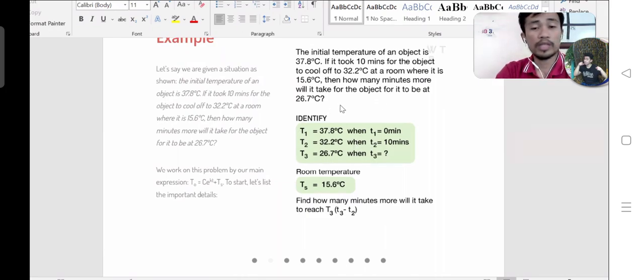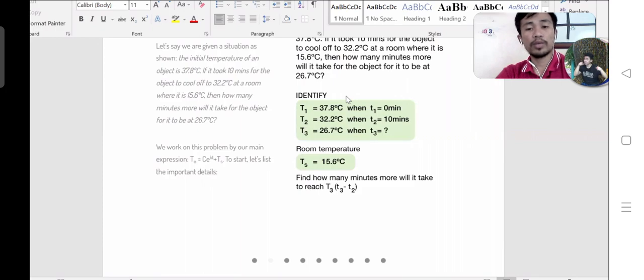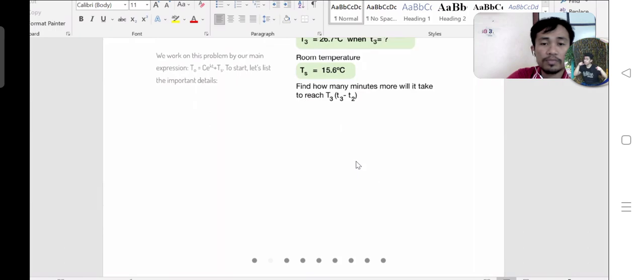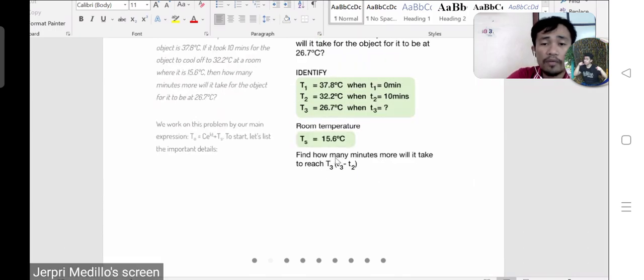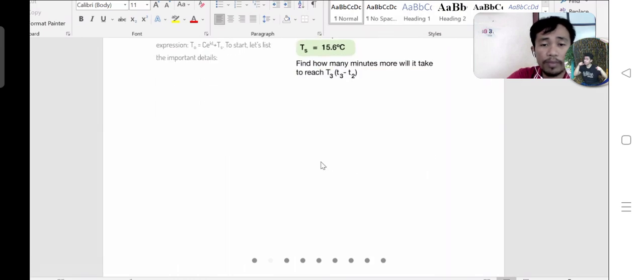For example, 37.8 degrees Celsius when the time is 0, and 32.2 degrees Celsius when the time is 10 minutes. And then the question is, if the temperature is 26.7 degrees Celsius, what is the time? The room temperature is 15.6. So find how many minutes more it takes to reach the third temperature.